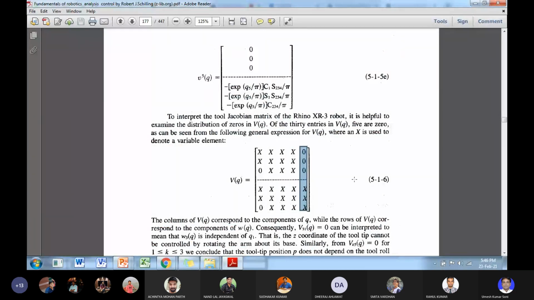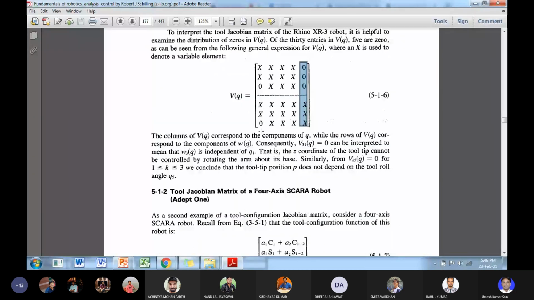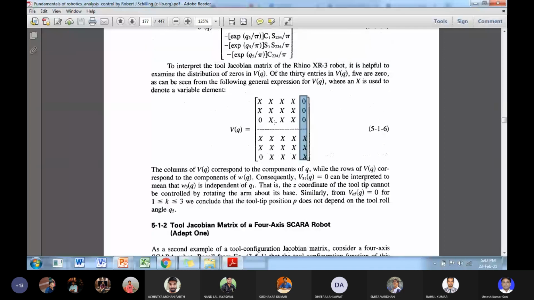So this is the Jacobian matrix. X is the term for individual elements. Simply it is given as an assignment, and there are all non-zero values, and these are non-zero values.